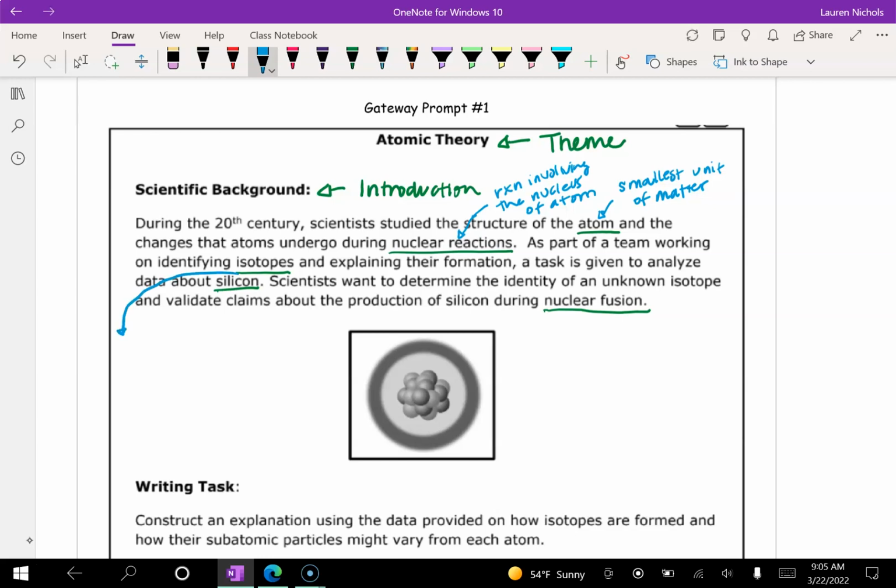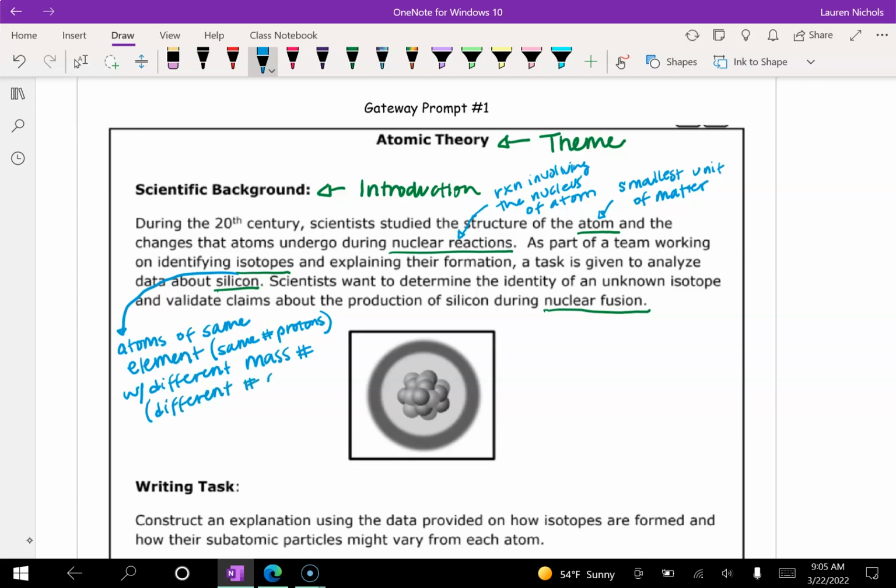So an isotope are atoms of the same element, and if they're the same element, that means they have the same number of protons with different mass numbers. And the reason why they have that is because they have a different number of neutrons.